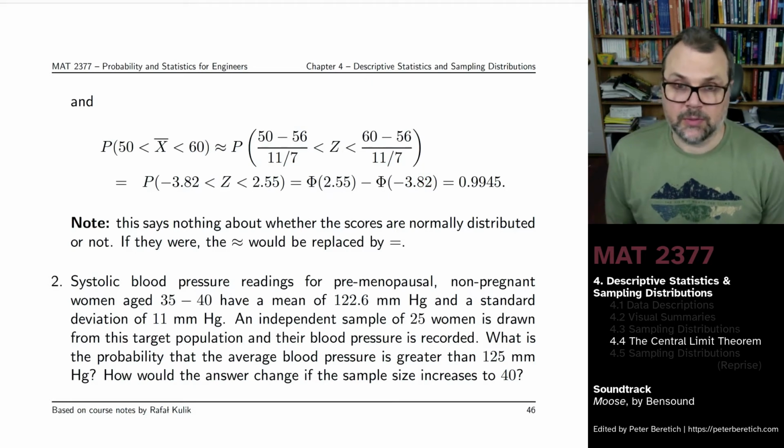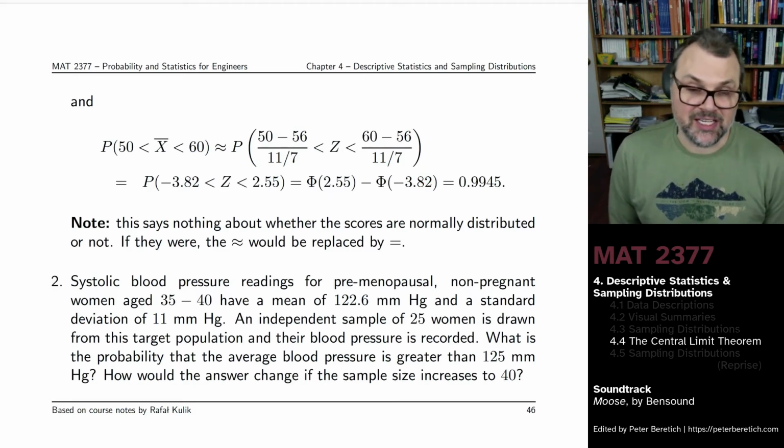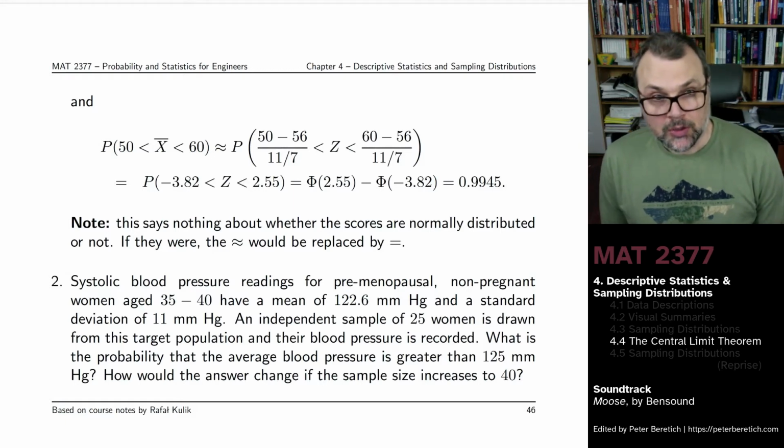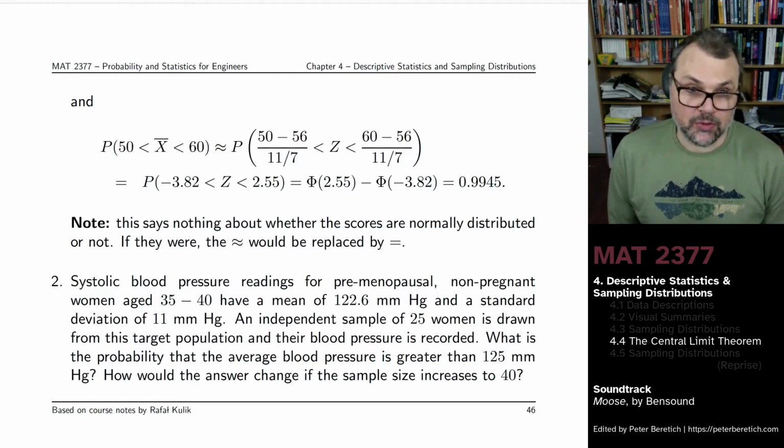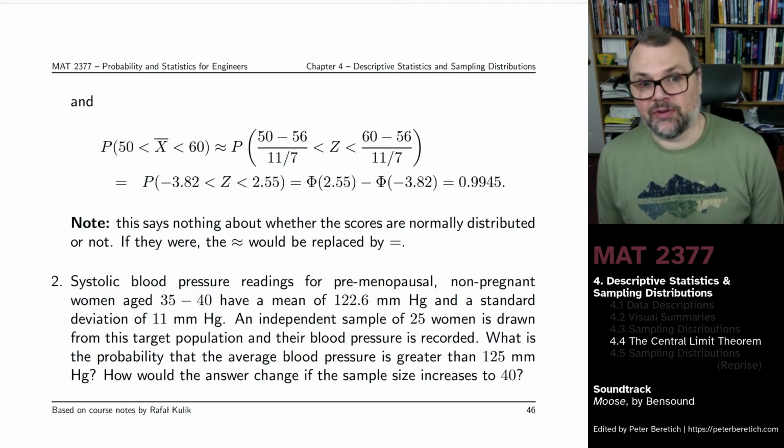And you can just work it out. That's going to be approximately the same as the probability that the standard normal would be between minus 3.82. We had computed this value before, it's the same, and 2.55.